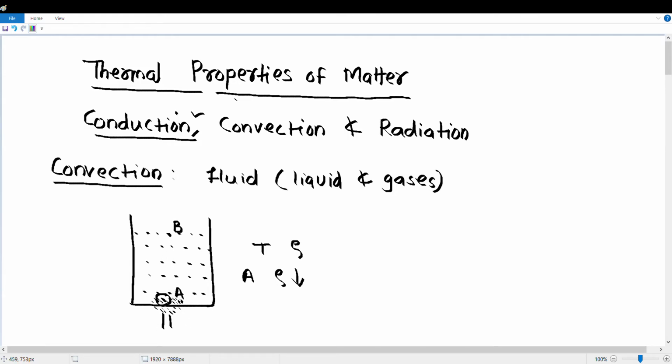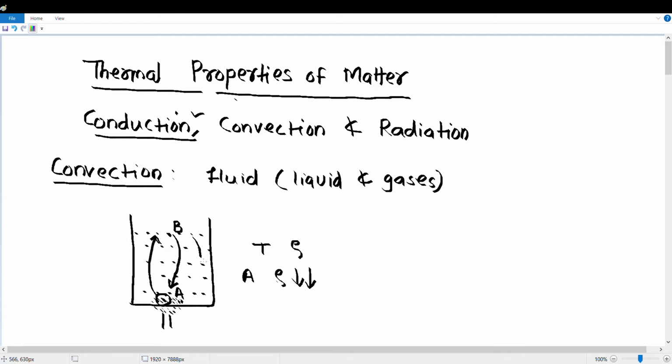That molecule is denser as compared to molecule A. So the lesser density molecule moves to the top, and it is replaced by this molecule B. Now molecule B came to the bottom, received the heat, and the same thing happens again: its density rho decreases, and it moves to the top.